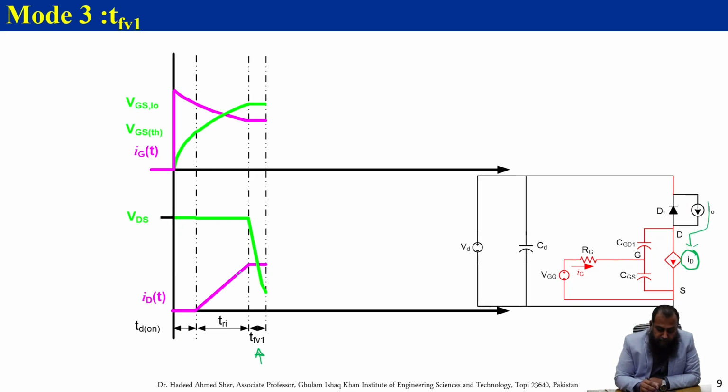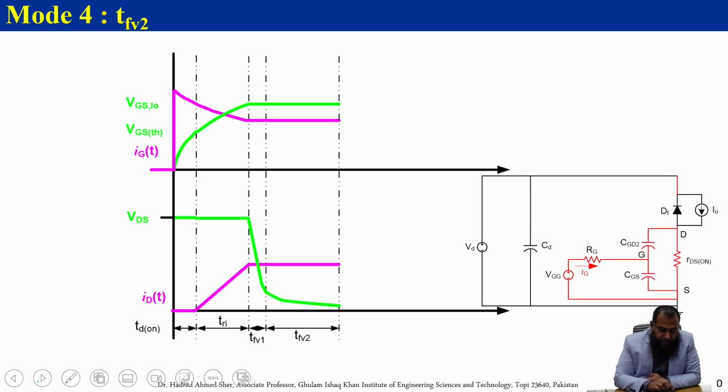So as you can see here, this ID has risen up to a current which is equal to this I naught here. But still we have this VGS, VDS is coming down, but it is still not yet in the ohmic region. So after that, in the second phase here, this VDS goes on to a very low value, which corresponds to whatever is the voltage in the ohmic region.